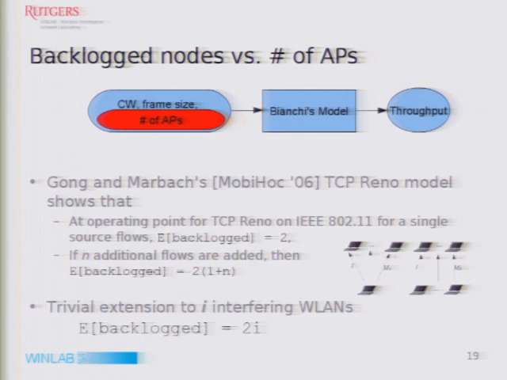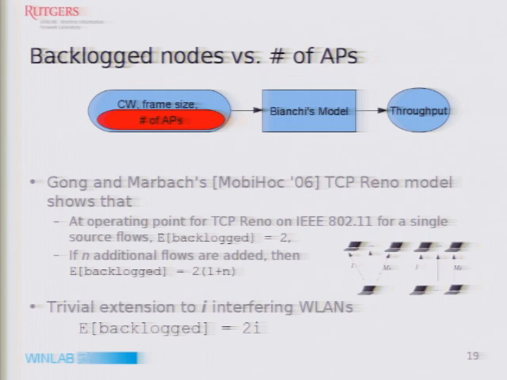Essentially, what we were looking for was also used in another context, in a paper from Gang and Marbach, where they were looking at the fairness characteristics of 802.11 ad hoc networks. They had a Markov chain model of TCP Reno and how it behaved in 802.11 networks.